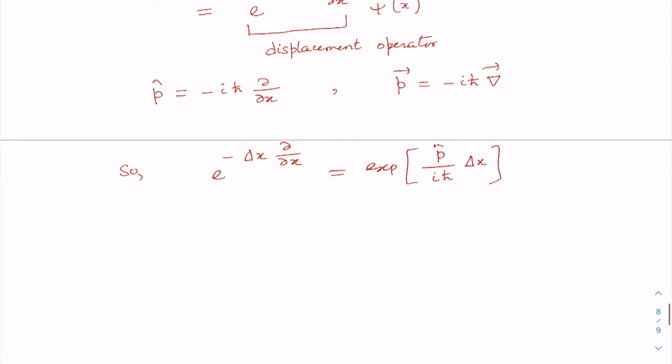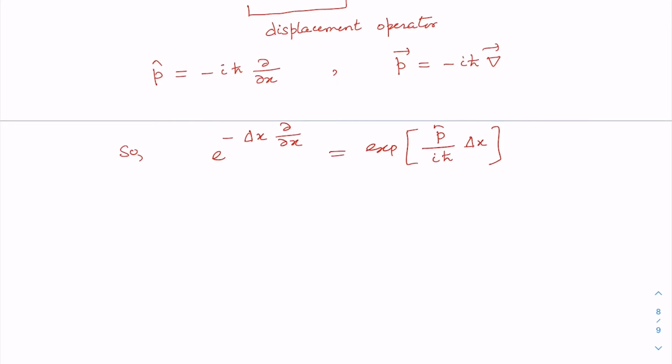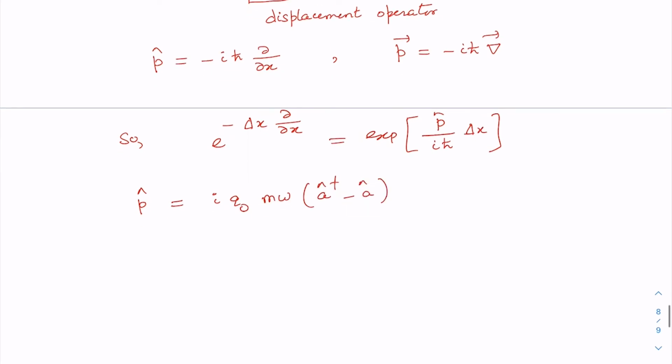So again, you remember that earlier we defined this operator p in terms of creation and annihilation operators like this: i q0 m ω (a† minus a). Here I am talking about a mechanical harmonic oscillator, but it is equally valid for photons as well, where you have to put m equal to 1, and for the mechanical harmonic oscillator q0 is the zero-point fluctuation, defined as ħ divided by 2mω.